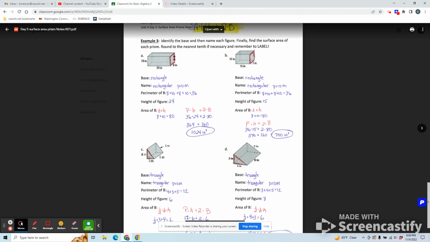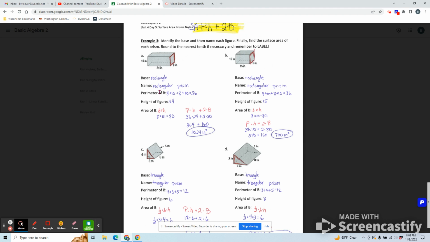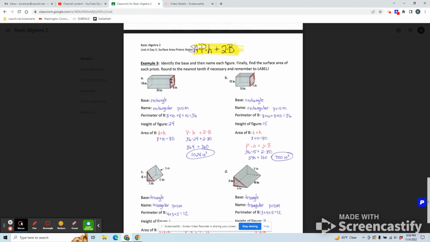So in this example, my base is right over here, outlined in red. It is a rectangle. So based on that, I use the base to name my figure. It's a rectangular prism. The perimeter of the base, that's why I outlined it in red, so I can reference it.